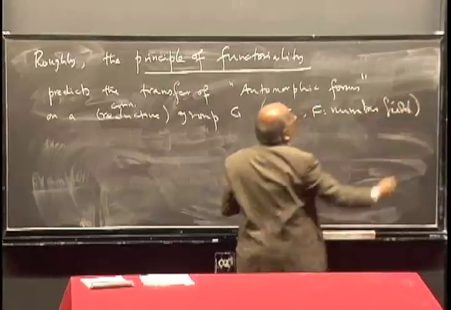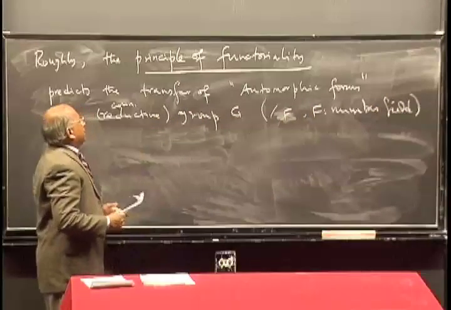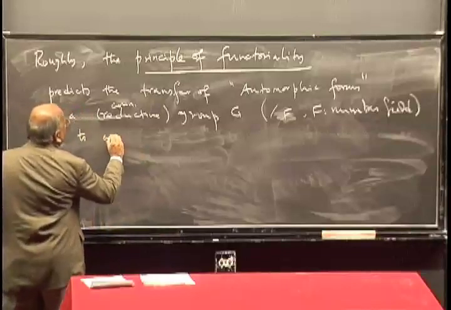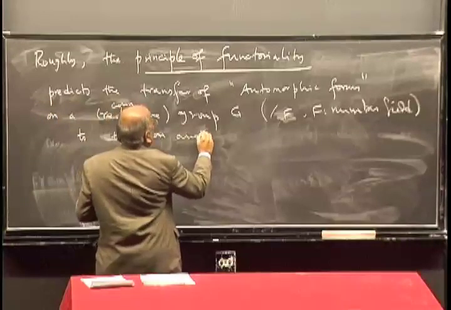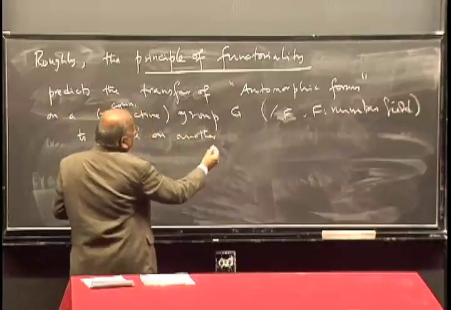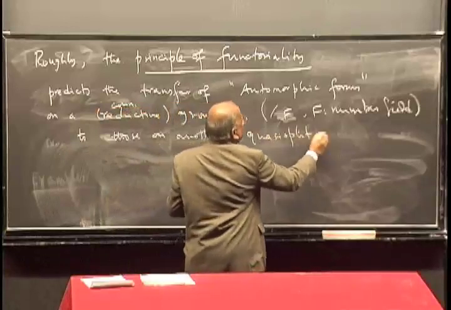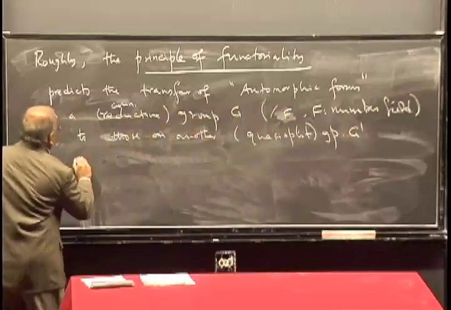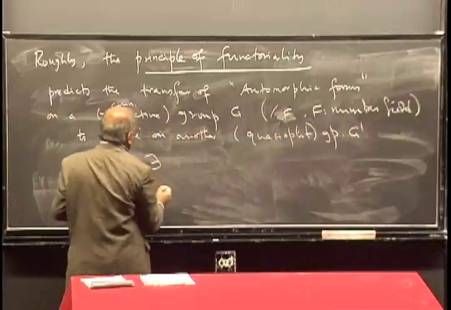So I will discuss number fields. There has been great progress in function fields due to Lafforgue, and I will not discuss that. So from one group to another. And to be precise, maybe it's simpler to say to the quasi-split group G prime whenever there exists some.